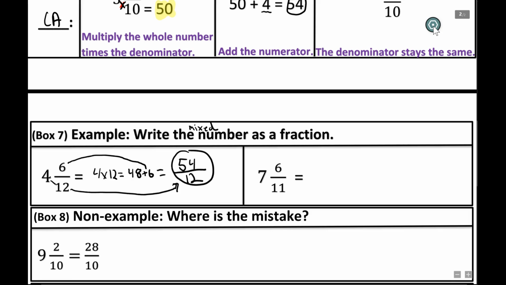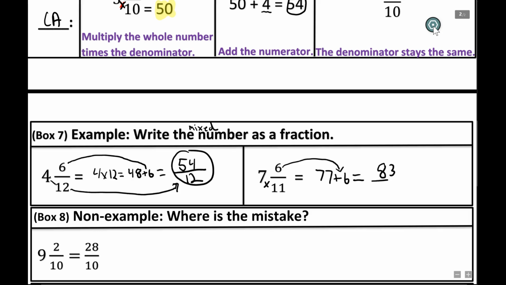So the first thing I'm going to do is multiply. Remember, our whole number times our denominator. I do get 7 times 11, which is 77. And then after that, I need to add the numerator. So 77 plus 6 is equal to 77, 78, 79, 80, 81, 82, 83.